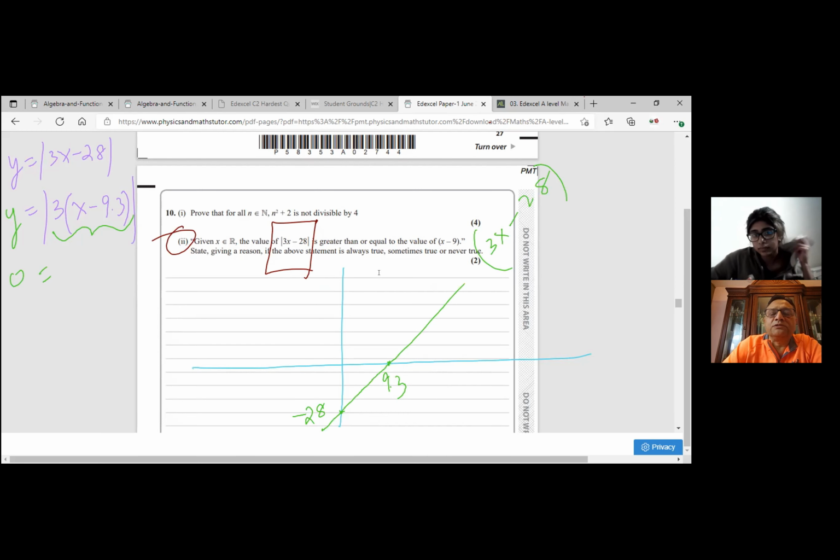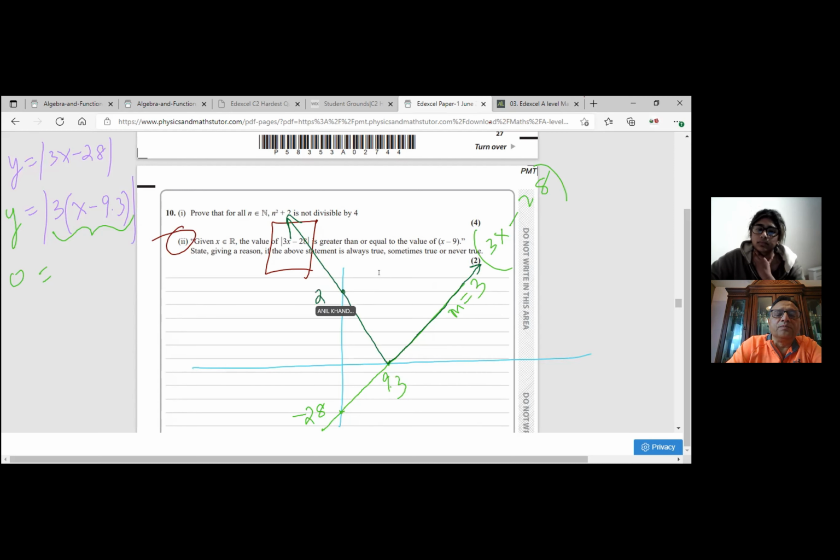So the gradient of this line is m equals 3. Is that okay? Mm-hmm. Now, when we talk about the absolute function, it really means that the right-hand side will remain the same. However, the left-hand side will get reflected because of this vertex, and that becomes 28.